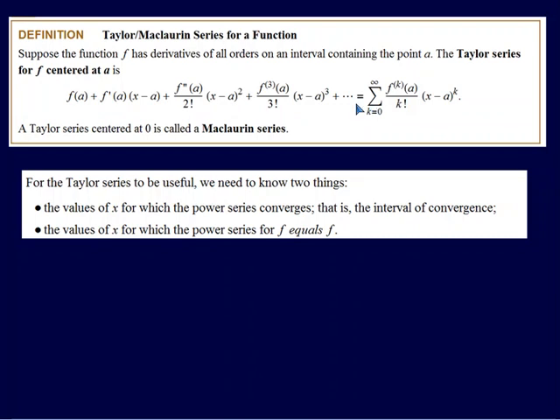We can still use the terminology that the series is centered at some number a. And if that number a is 0, that Taylor series is often called a Maclaurin series. And so we're going to use the definition today to study 4 functions and their Taylor series in particular.